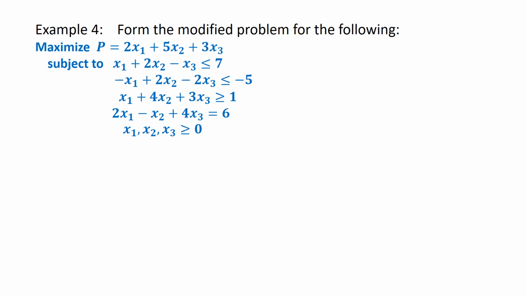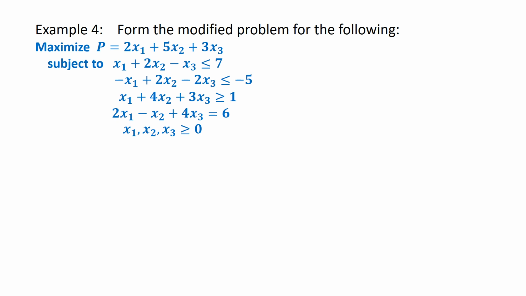We have maximize p equals 2x1 plus 5x2 plus 3x3, subject to the constraints x1 plus 2x2 minus x3 less than or equal to 7, negative x1 plus 2x2 minus 2x3 less than or equal to negative 5, x1 plus 4x2 plus 3x3 greater than or equal to 1, 2x1 minus x2 plus 4x3 equals 6, and x1, x2, x3 greater than or equal to 0.